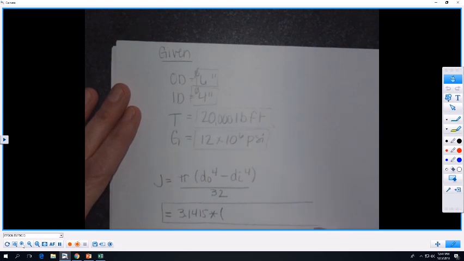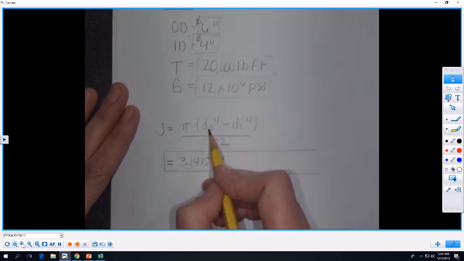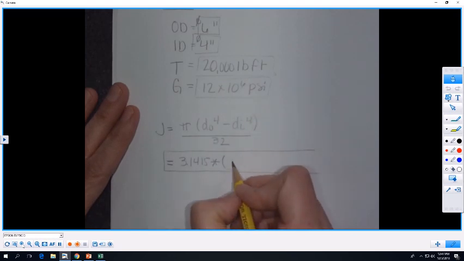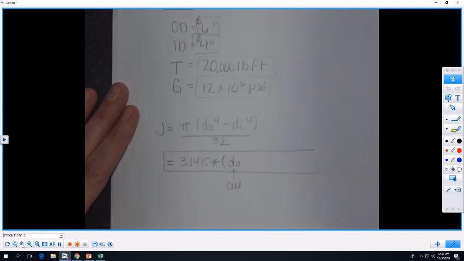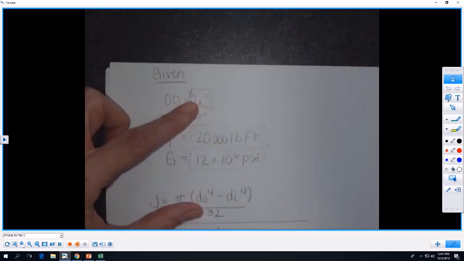So down here, I am just going to put diameter, OD, but this is going to be a cell that I reference where I put my value of, in this case, 6 inches. The beauty of a spreadsheet is that if I want to change it to 8, it's going to update all the information for me.